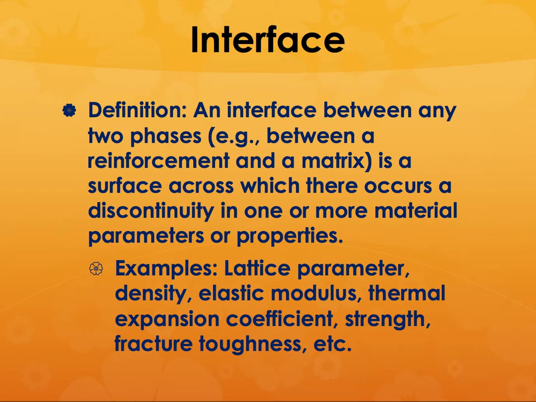And the interface is defined as the region between two discontinuous phases, for example, the matrix and the fiber. And it controls properties such as the density, the elastic modulus, the strength, the thermal expansion coefficient, fracture toughness, etc.